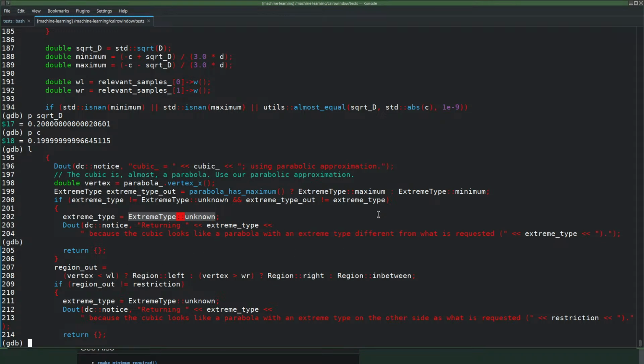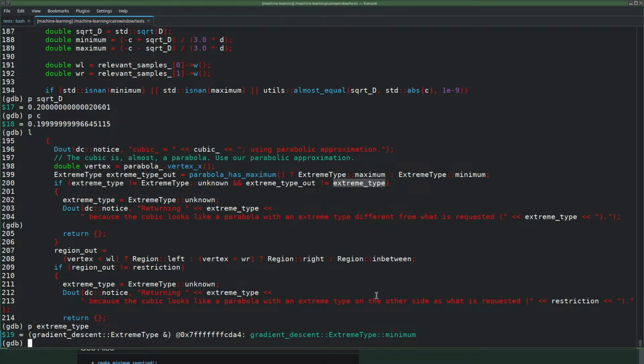So what is wrong here is that extreme type is not equal to maximum. It's set to a minimum, which is not correct, I think. Okay, because it is a minimum, we just continue here, get here, and that then sets region out to in between.